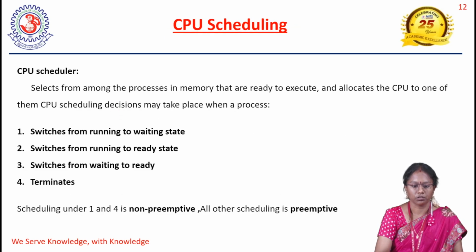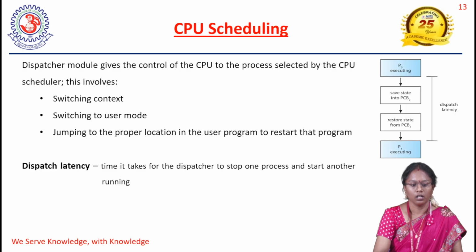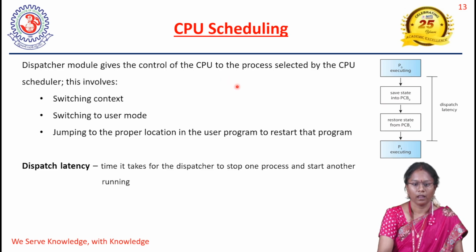Next one, CPU scheduler. In this, we are going to see how CPU scheduling is performed, and we have four types of CPU scheduling. For CPU scheduling, we use the CPU scheduler and the dispatcher. The job of the dispatcher is to give control of the CPU to the process selected for execution.